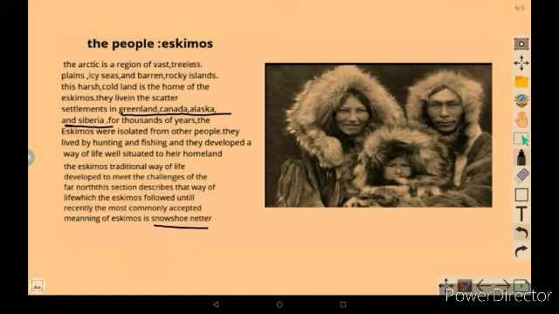These are the names we need to learn here. So do not forget Greenland, Canada, Alaska, and Siberia. Then the snowshoe netter, and also do not forget the commonly accepted meaning of the word Eskimo. Like that you need to not forget the names. These are very important. So now let's go to the next topic.